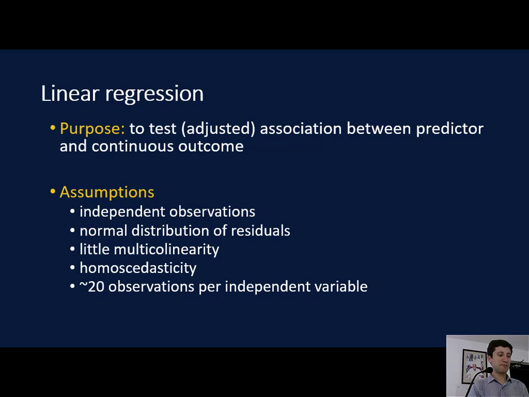I won't ask everybody to say that one. And we'll talk about what that is in just a minute also. And we generally, as a rule of thumb, ask that there be about 20 observations per independent variable. When you have fewer observations than that, you get into some hairy situations with your standard errors being a little too big, and therefore your confidence intervals being very wide.